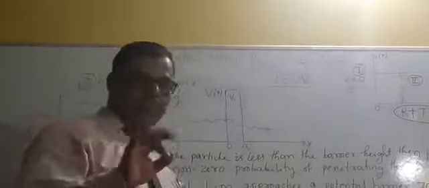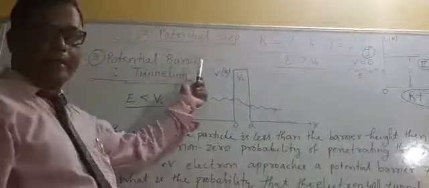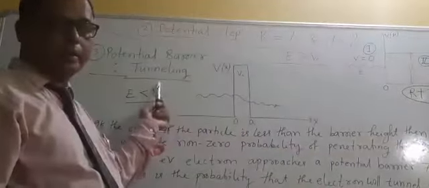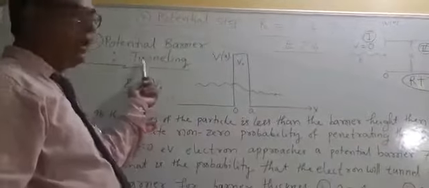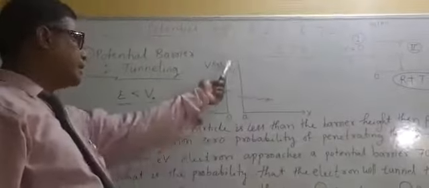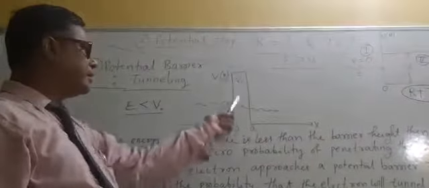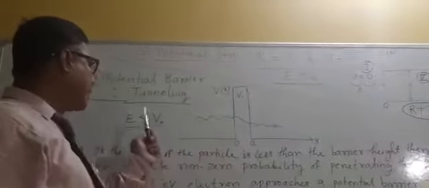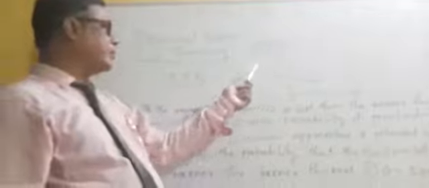The third application is the potential barrier, where we discuss tunneling. What is tunneling? It is the potential barrier when the particle energy E is less than V naught. There are 3 regions here.